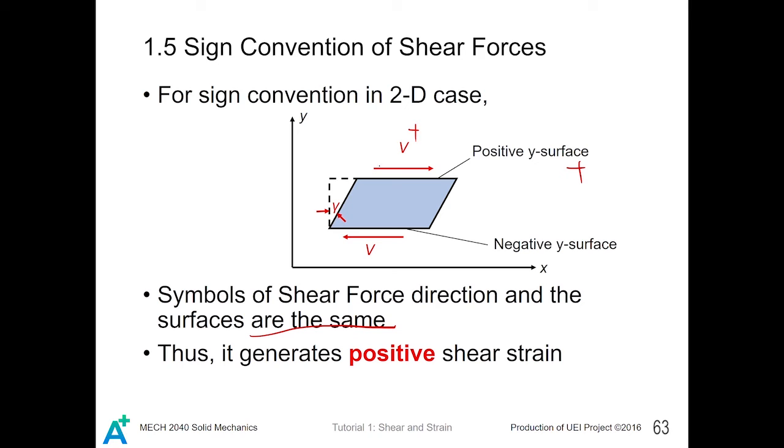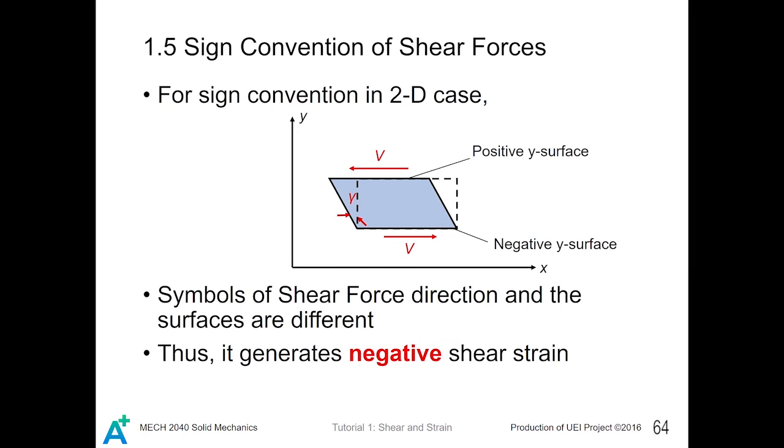Then this shear force should be positive. Similarly, this one is pointing in the negative direction on a negative surface, so it is also positive. Therefore, we can say that this pair of shear stresses, or this pair of shear forces, is positive.